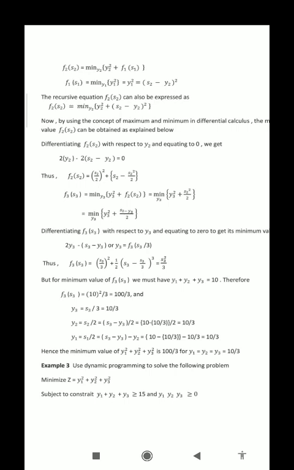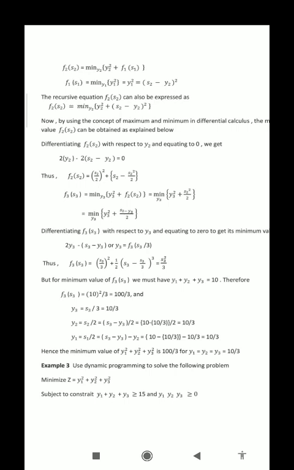Hence, f3 of s3 is 10 squared by 3 or 100 by 3, where y3 equals s3 by 3, that is 10 by 3. And already you know y2 equals s2 by 2, that is (s3 minus y3) by 2. Simplifying, we get this is 10 by 3. Similarly, we found y1 is equal to 10 by 3. Hence, we conclude that the minimum value of y1 square plus y2 square plus y3 square is 100 by 3 for y1 equal to y2 equal to y3 equal to 10 by 3.